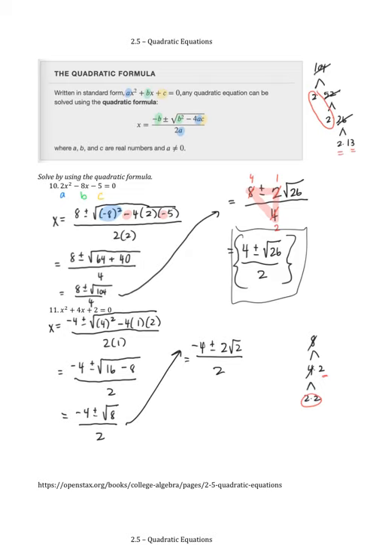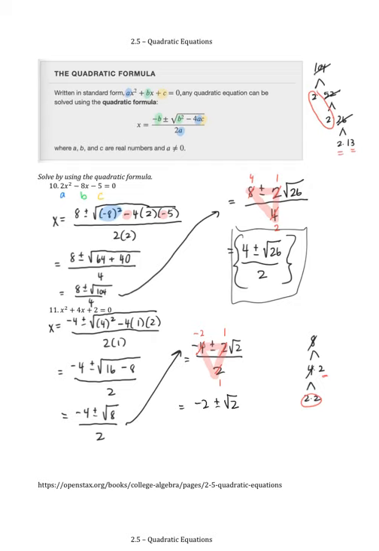Now again, notice here all of these numbers outside of the radical are divisible by 2. So if I divide by 2, I'm going to get negative 2, 1, 1. And so I can reduce that to negative 2 plus or minus the square root of 2. And then since it's over 1, that's understood to be a 1.